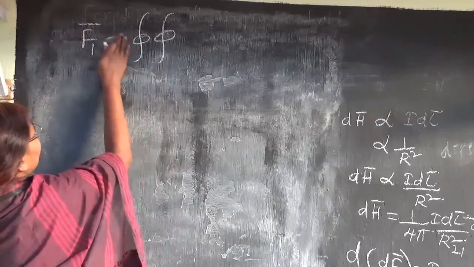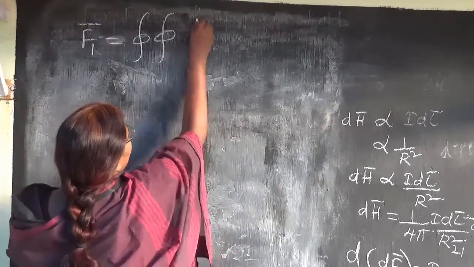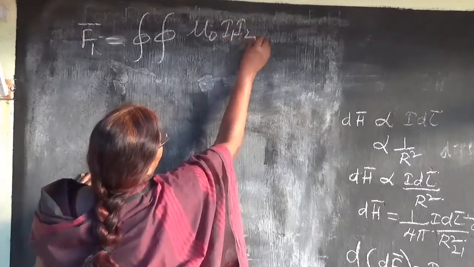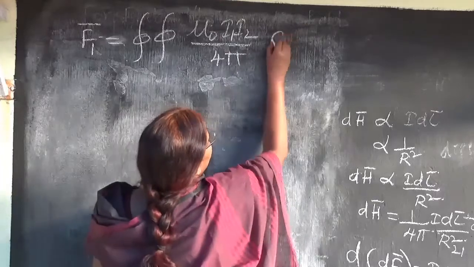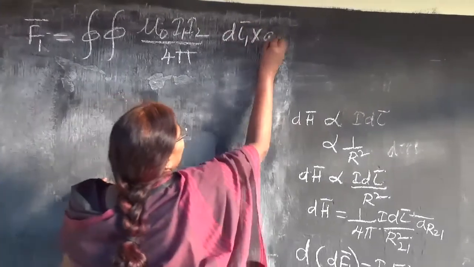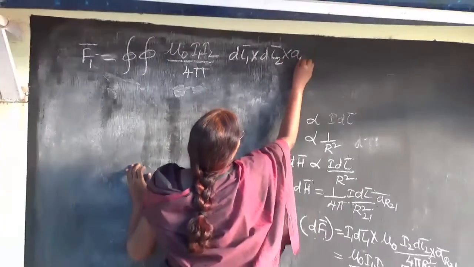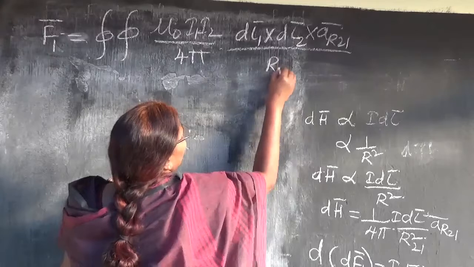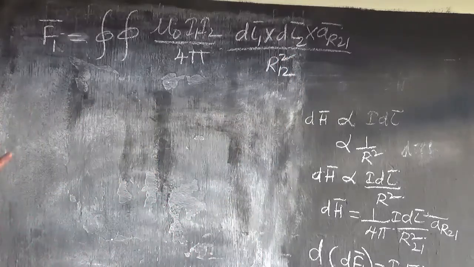So first I will write the total thing: mu naught I1 I2 by 4 pi dL1 bar cross dL2 bar cross aR21 bar divided by R21 square. So this is the total force.